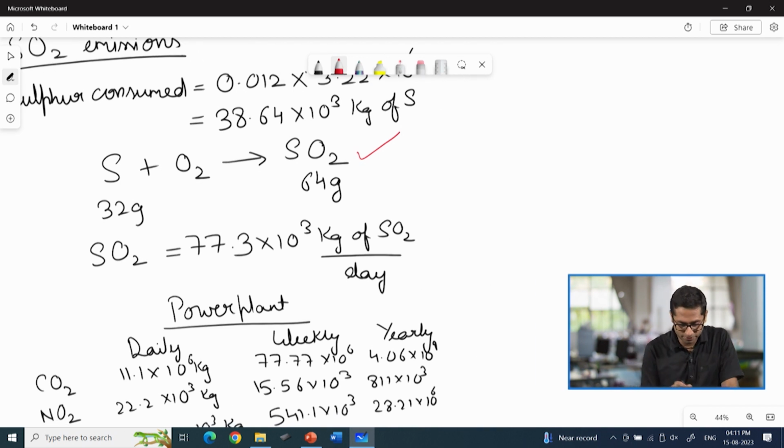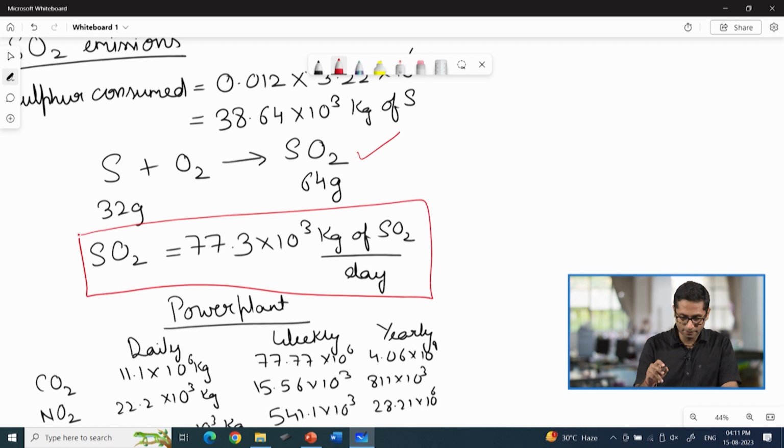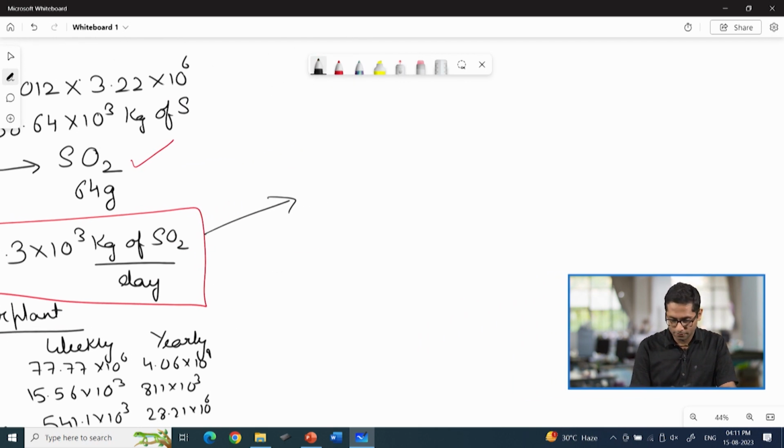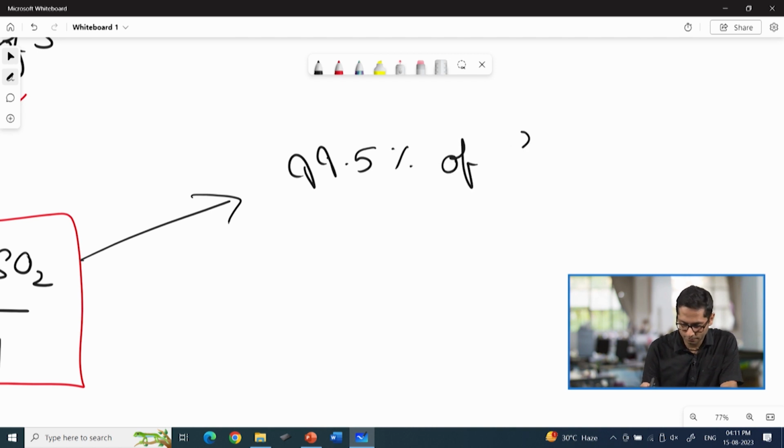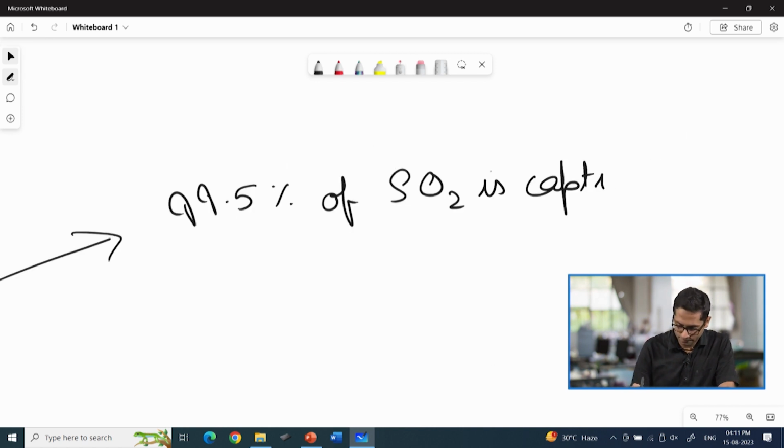The SO2 produced is available to us, and now I would assume that 99.5% of the sulfur dioxide is captured. This is the assumption that I am undertaking.